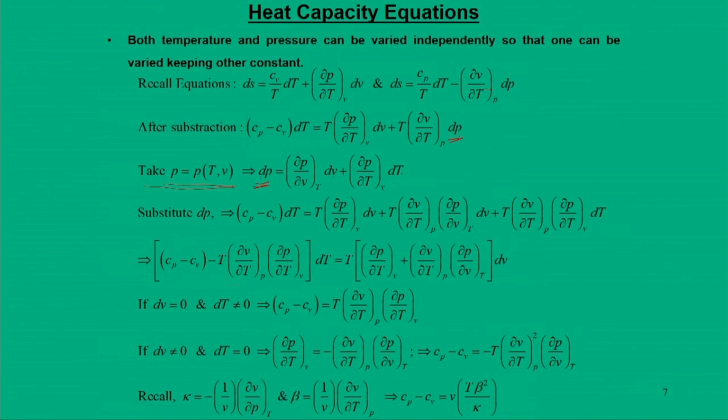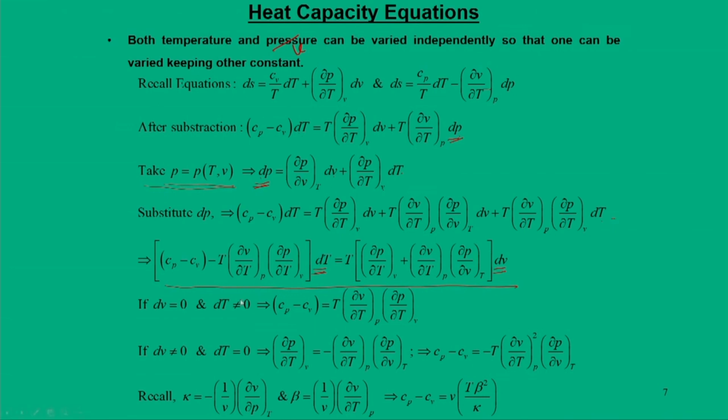Then you simplify these equations. So, after simplification we find these relations. The right hand side of these equations contains only specific volume change and the left hand side contains the change in the temperature. We have already mentioned that temperature and volume can be varied independently, keeping the other constant.